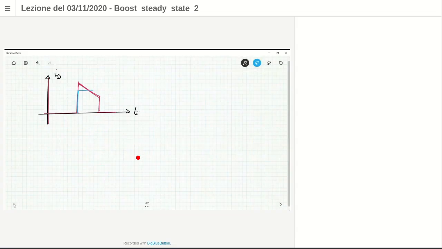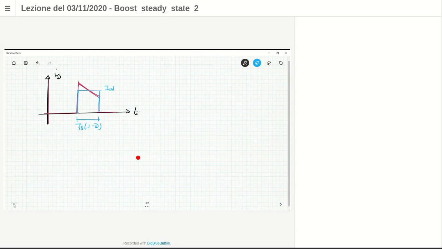I can approximate this trapezoidal current with a rectangular one. This value of the current is the mid value between I maximum and I minimum, and the duration here is Ts minus T off.